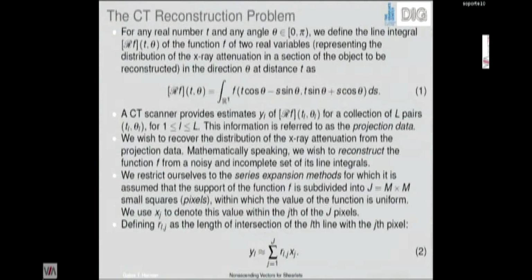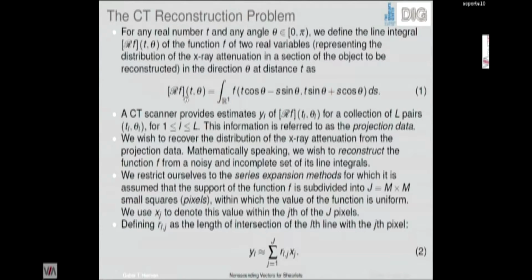Okay, so to move back, what is the CT reconstruction problem? I will talk about it only in 2 dimensions, although modern CT scanners really work in 3 or even 4 dimensions when you include time. But in 2 dimensions, you have a function f defined over the Euclidean plane, and you take line integrals of f for various lines.